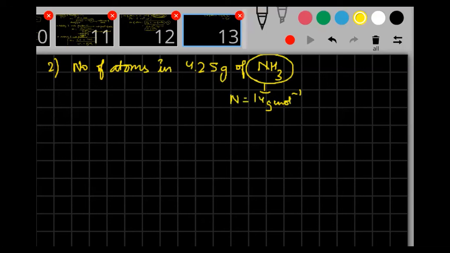For hydrogen, it is 1 gram per mole. The question is number of atoms. So be careful what you are calculating.